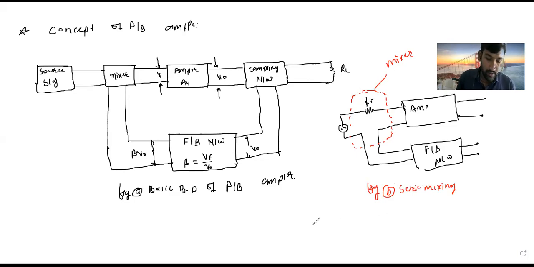Okay, so now if I want to connect this network in shunt, so how I connect here? I'll have to draw this diagram. ड्रॉ करा डायग्राम.